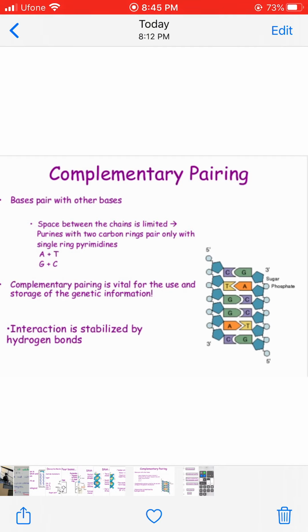The complementary pairing means that A always binds with T and G always binds with C. Guanine has the pocket for the binding of cytosine, and adenine has the pocket for the binding of thymine only. So the space between the chains is limited. And the complementary pairing is vital for the use and storage of genetic information.